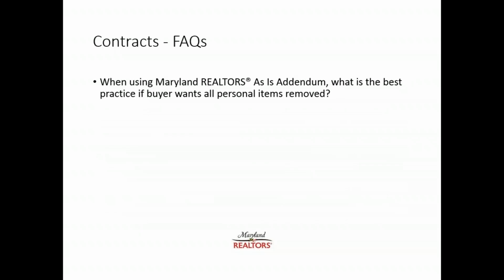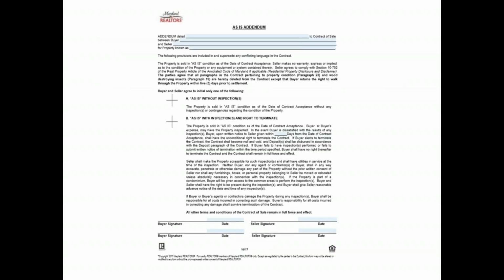When using Maryland Realtors as-is addendum, what is the best practice if the buyer wants all personal items removed? So it says in the as-is addendum, the property is sold in as-is condition as of the date of contract acceptance. Seller agrees to comply with Section 10-702. The parties agree that all paragraphs in the contract pertaining to property condition and wood-destroying insects are hereby deleted from the contract.